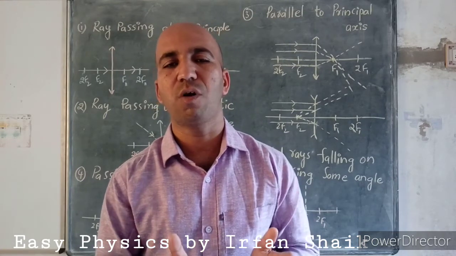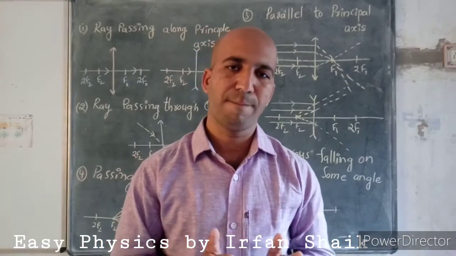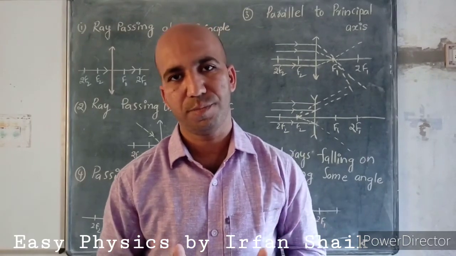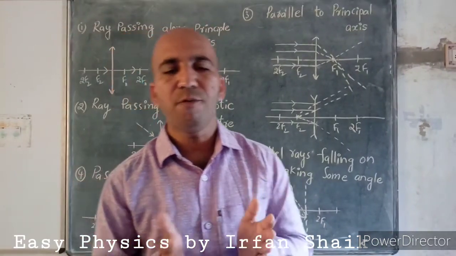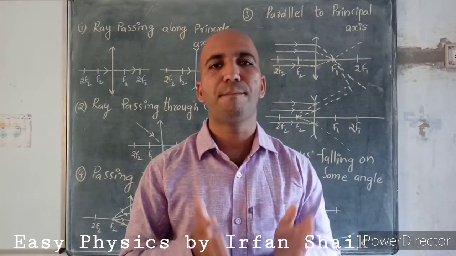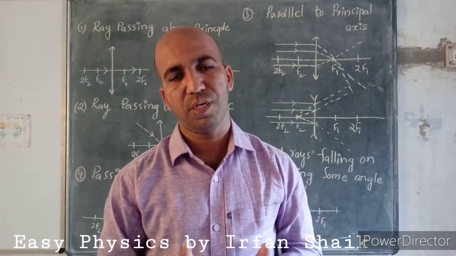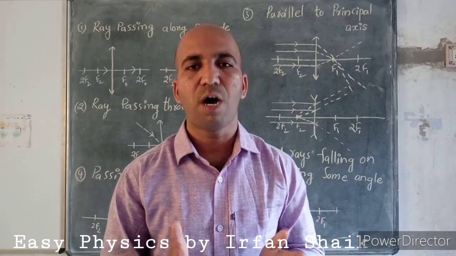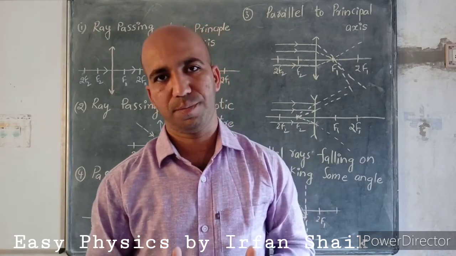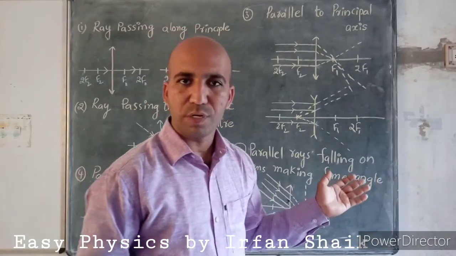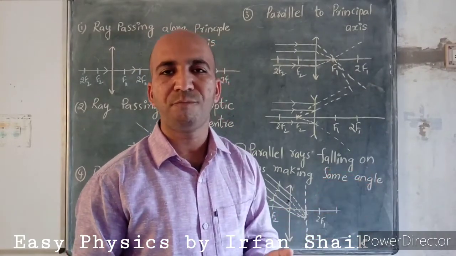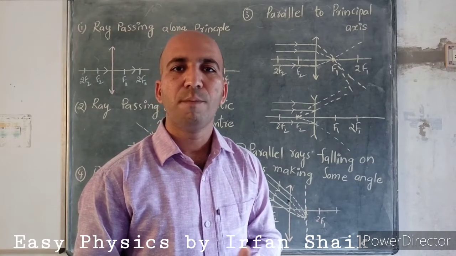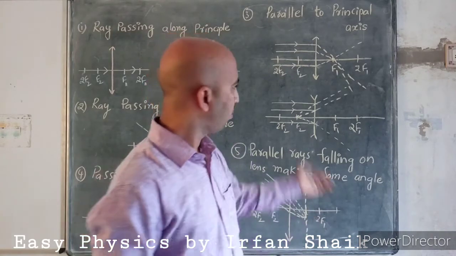That point is called the focus or focal point. So when a beam of parallel light rays passes parallel to the principal axis, all the light rays will converge at the focus after refraction. Now let us try to understand what happens when a beam of parallel light is passing through the biconcave lens.